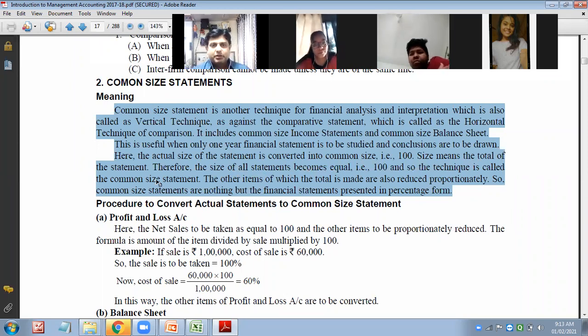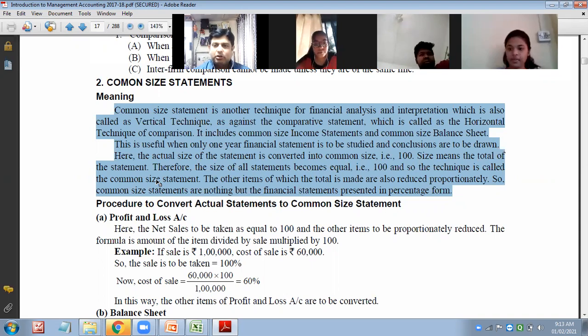The total statement is to be converted into 100. Therefore, size of statement equals 100, and the technique is called common size statement. Other items will be reduced proportionately, so common size statements are nothing but financial statements in percentage form.